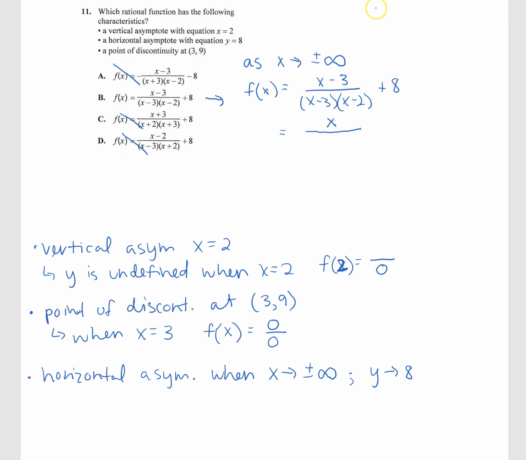Not factor it out, evaluate it out. So I have x minus 3 times x minus 2. That's going to give me x squared minus 2x minus 3x plus 6, which is x squared minus 5x plus 6. So putting that on the bottom, let's rewrite this first.